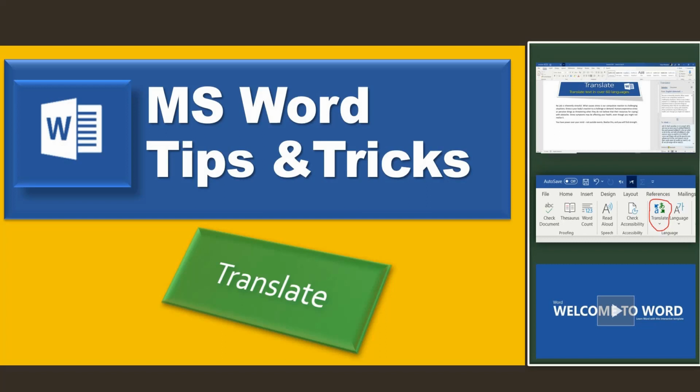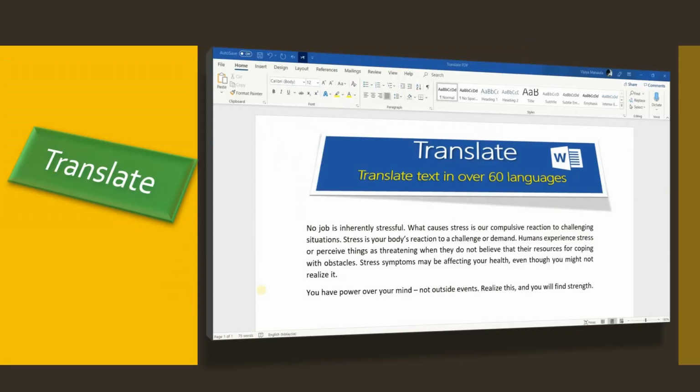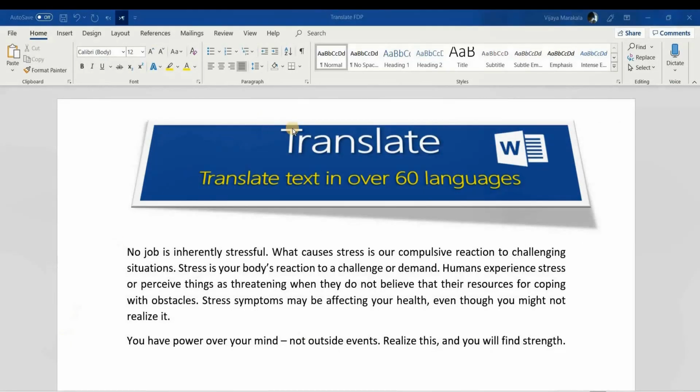So we will see how we can use this option. We can translate the selected text or an entire document to more than 60 languages. This is a very useful feature in Microsoft Word.